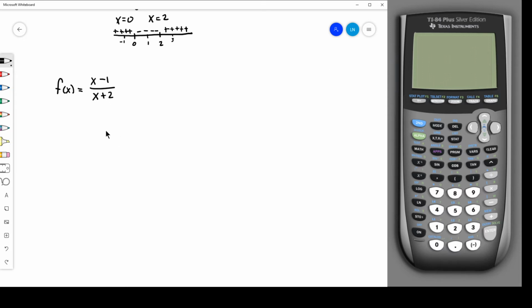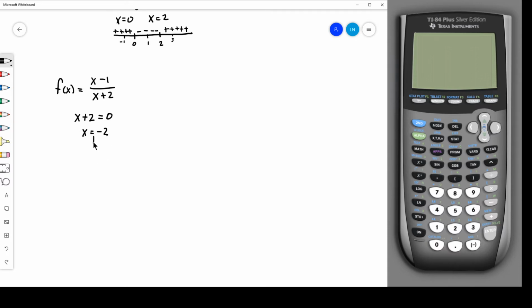So now the question is, are there any points where the denominator is equal to 0? So I take the denominator out, and I attempt to solve it for x. This is not a bad one to solve for x, right? Just subtract 2 from both sides, and I get x equals minus 2.